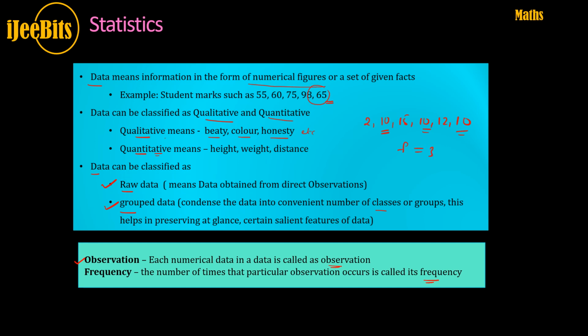That's how I'm saying it: frequency means the number of times that a particular observation occurs. So observation and frequency are two important terms we have to remember, because we are going to use them most frequently in upcoming topics: observation, frequency, raw data, grouped data, qualitative, quantitative. I think these are precisely what is important for now. Shall we move on to the next topic?